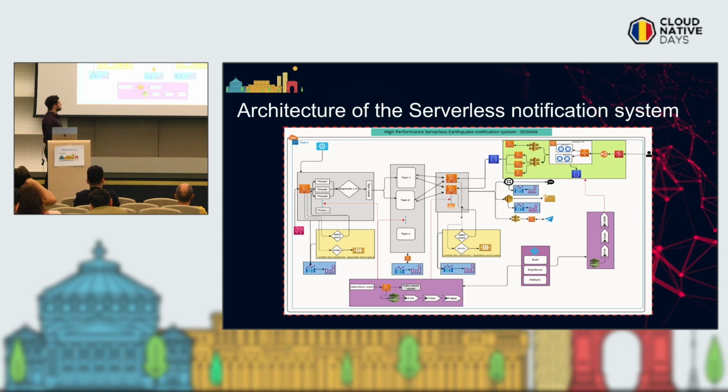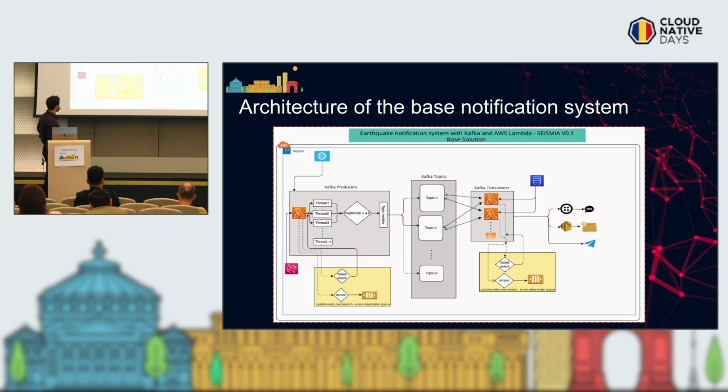As databases, we use Dynamo for storing the subscribers, the list of users who will be notified by the entire structure, and also for storing all the data for those subscribers. So this, in bold lines, is the base architecture of the base version of the project.